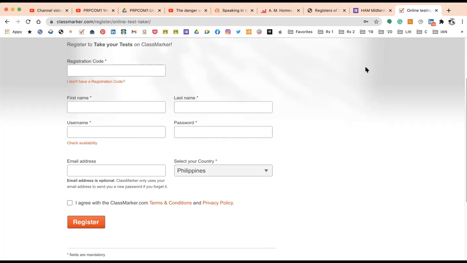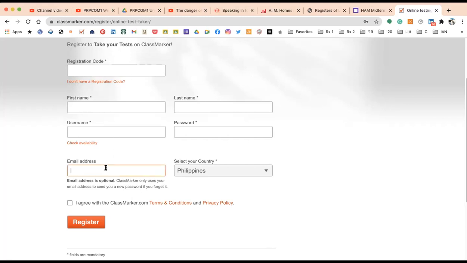That's a given. So make sure you list those down. You will be using ClassMarker now for the midterm exam and another one for the finals. Please make sure your password is written down, it's just a word, or text it to your own number so that it will not get lost.